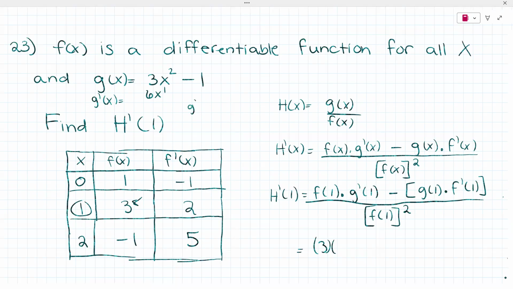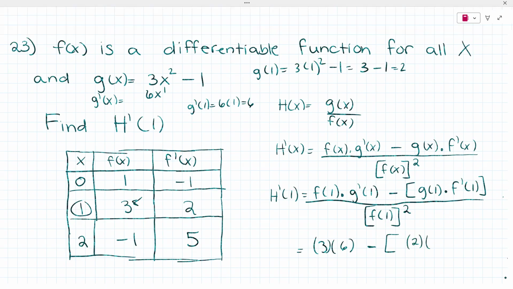So g prime of 1 is going to be 6 times, and then replace x with 1, so that is 6. Minus, bracket, and then g of 1. That's easy. We just look at the g of x function and plug in 1. That's 3 times 1 squared minus 1, so that's 3 minus 1, which is 2. g of 1 is 2.